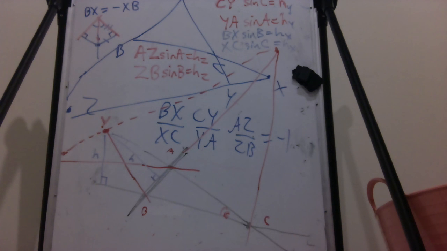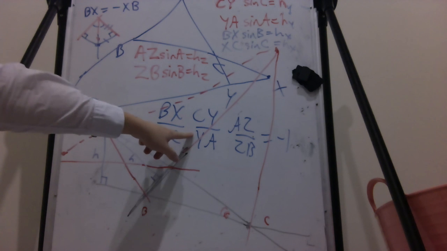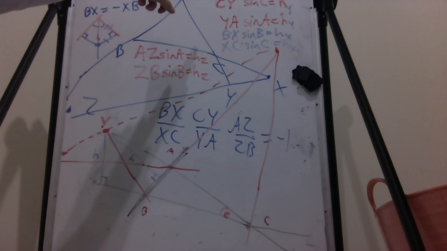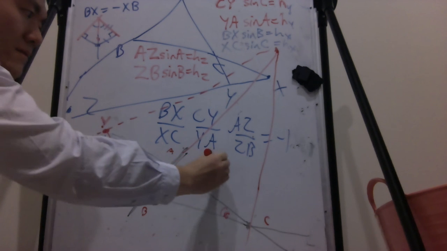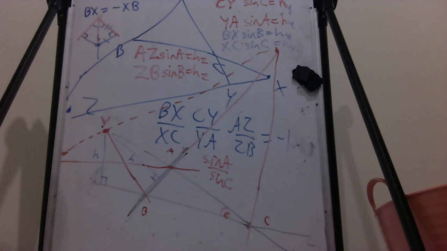Yeah, so what happens when you see the ratio values now? Can you see if you divide CY by YA, you get sine A over sine C? Yeah, that makes sense.